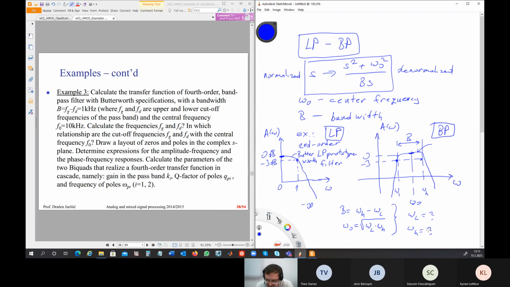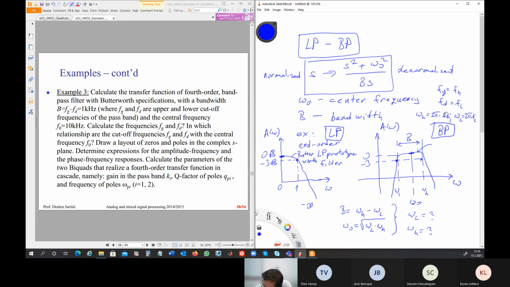Okay, so this example tells us to calculate the transfer function of the fourth order bandpass filter with Butterworth specifications with a bandwidth of 1 kHz, FG and FD. So we use FG as F high, FD as F low, but we can also write that omega H is 2 pi FH and omega low is 2 pi F low.